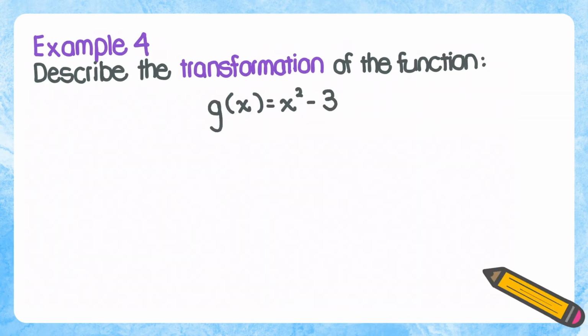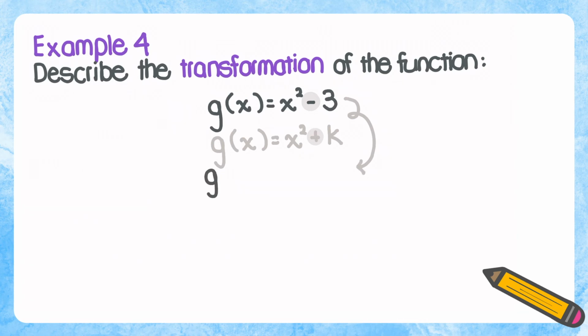Next, let's describe the transformation of g of x equals x squared minus 3. Do you notice something that's different here? Let's compare it with the general form. We write g of x equals x squared plus k. We do not have an exact match, so we have to rewrite the function.